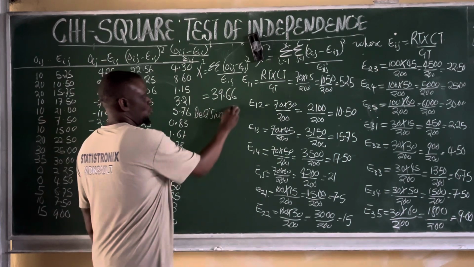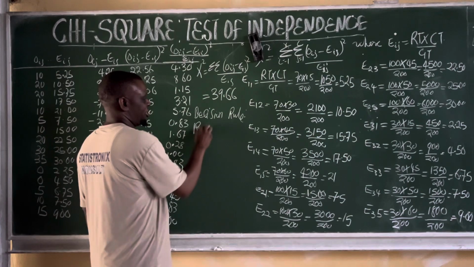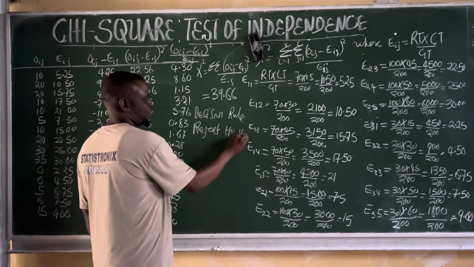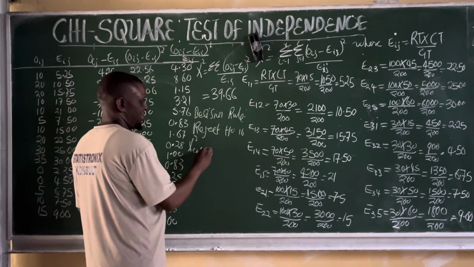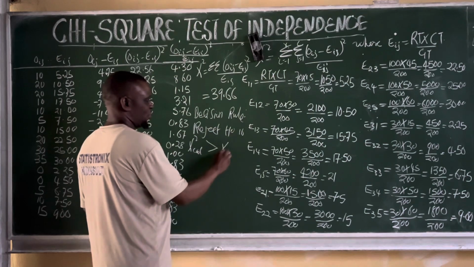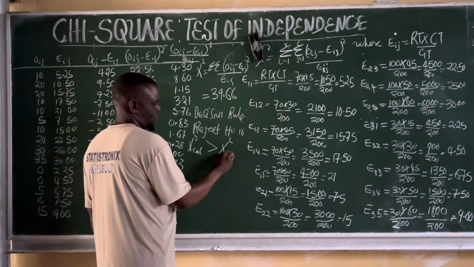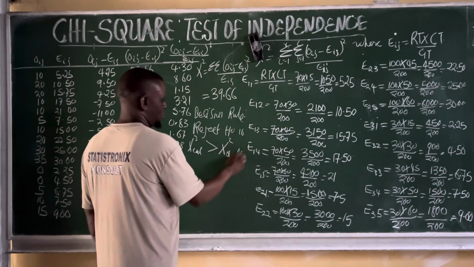Note that our decision rule is that we reject H0 if our chi-square calculated is greater than our chi-square critical, alpha under a certain degree of freedom.